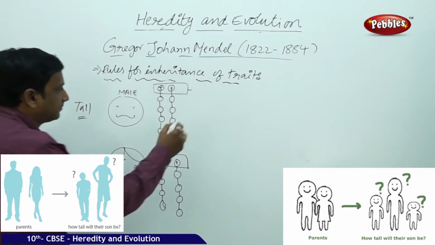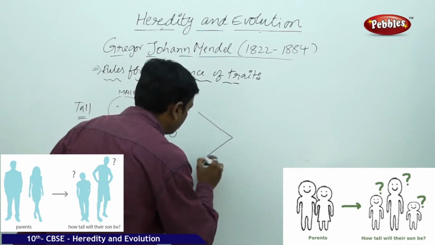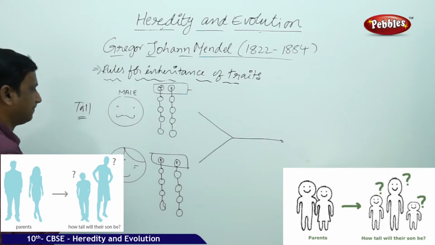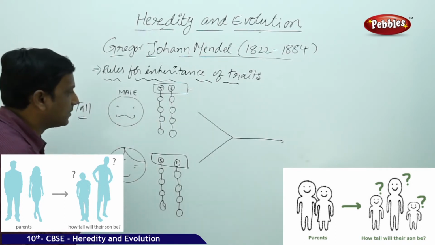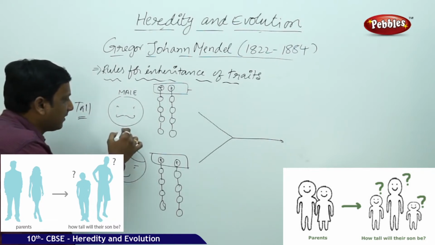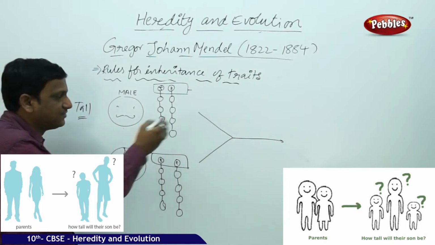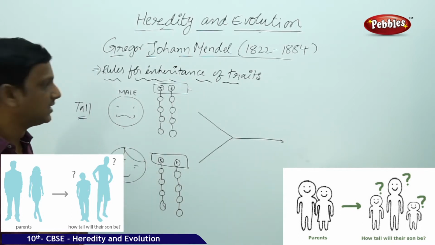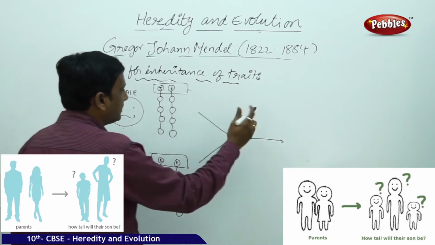Now there is reproduction by these two parents. In sexual reproduction, they contribute their genes. Here the male contributes one set of genes in the germ cells, the reproductive cells, not two sets of genes.